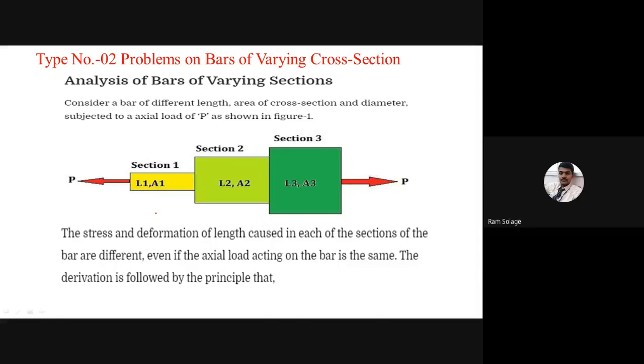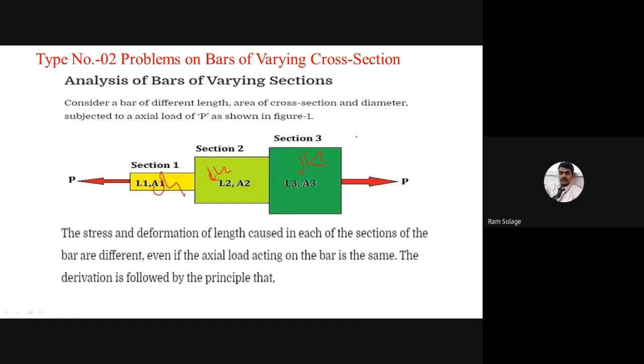Now, the only problem is the calculation of deformation. How to calculate delta L1, delta L2, and delta L3? What is delta L1? Delta L1 is nothing but the elongation or change in length for section 1. Delta L2 is the change in length or elongation of section number 2, and delta L3 likewise.